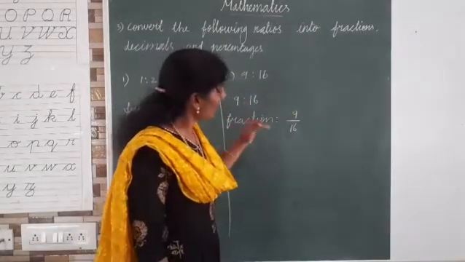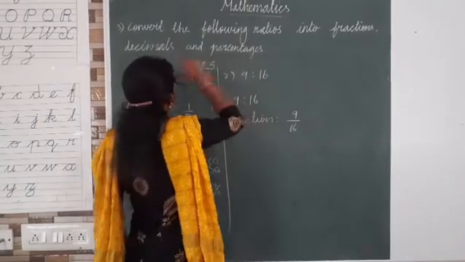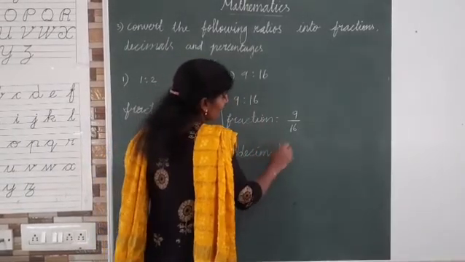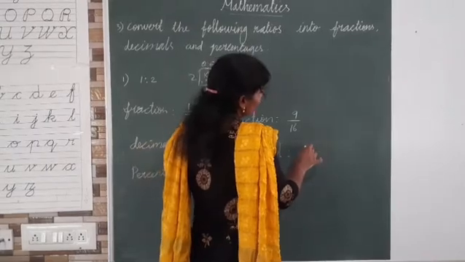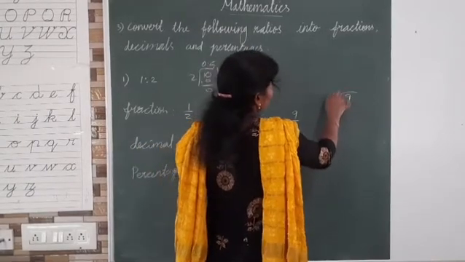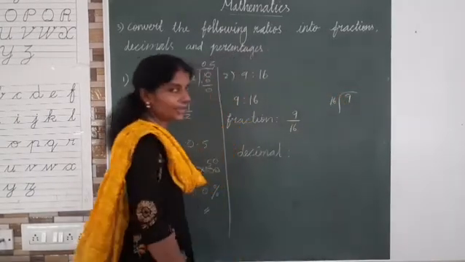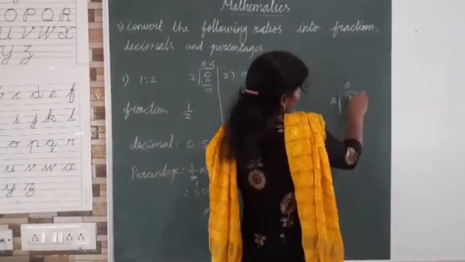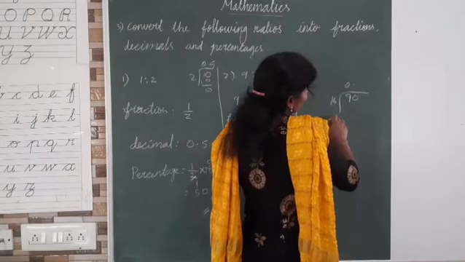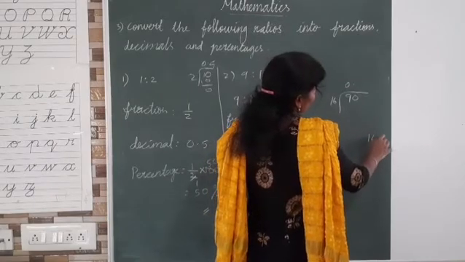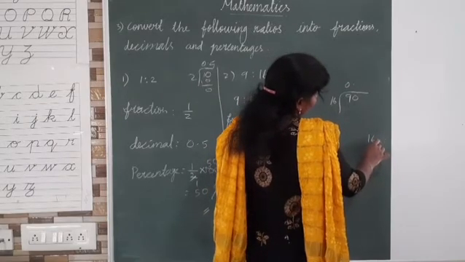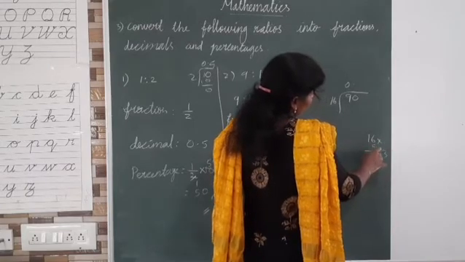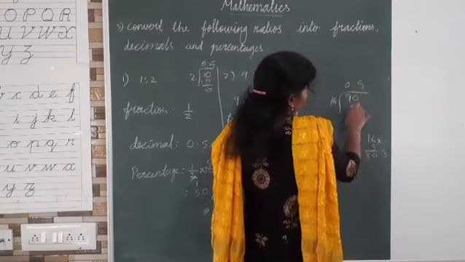Okay, so we write it like this. Then the decimal form of 9 by 16. 9 divided by 16. Now 0.0. Here 16 into 5 times means 80.